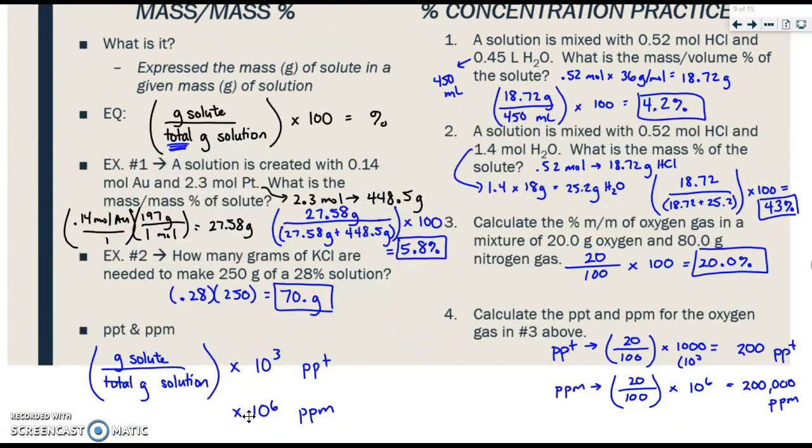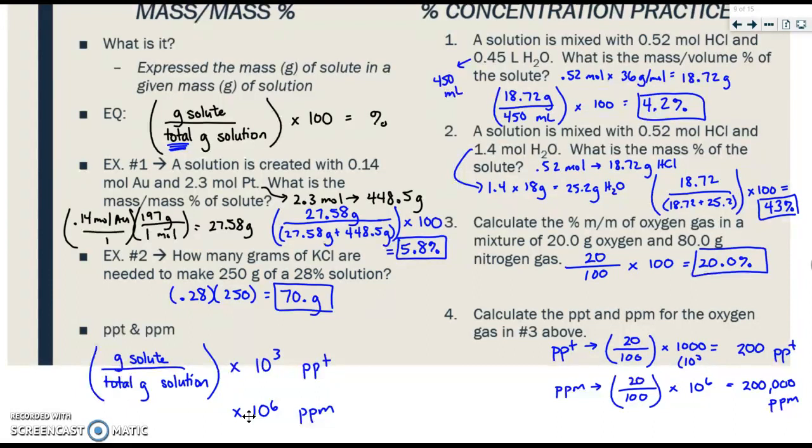Please check your answers. For the first one, you had to first convert moles to grams by multiplying by the molar mass, and then convert your liters to milliliters because of the required units, and then you divided and multiplied by 100. For the second one, you needed grams of both, so again, multiply by molar mass, and then it's the HCl mass divided by the total times 100 to get 43%.